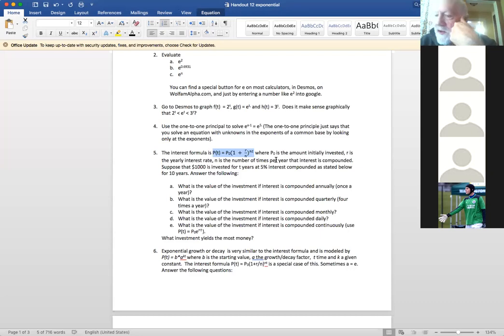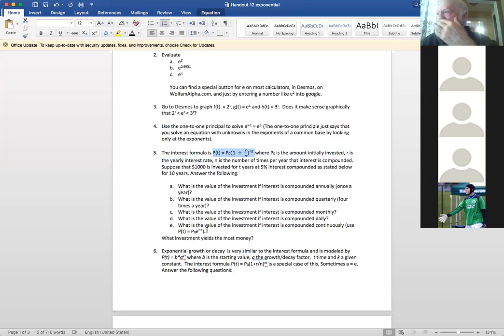Do you see the part that's highlighted in number 5? The exponent is NT, not RT. I have it corrected here, but it's wrong on the one people downloaded. And then in number 5, it says e to the RT, which is correct there.